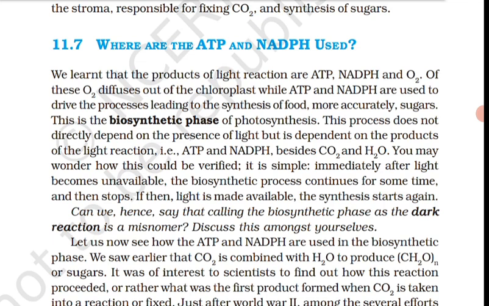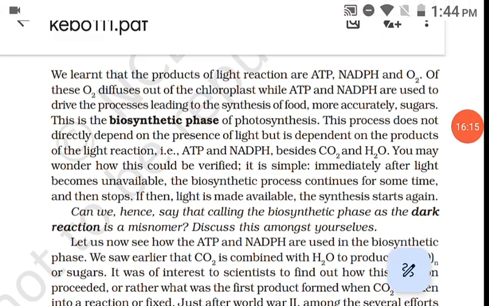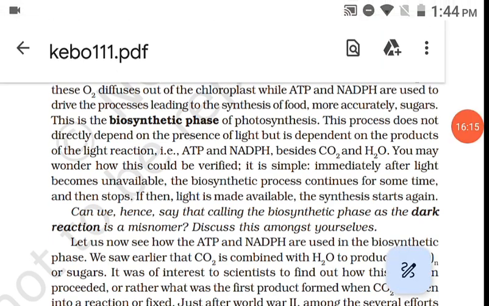The excited electron does not pass on to the NADP+ but is cycled back to the PS I complex through the electron transport chain. The cyclic flow hence results only in synthesis of ATP but not of NADPH + H+.